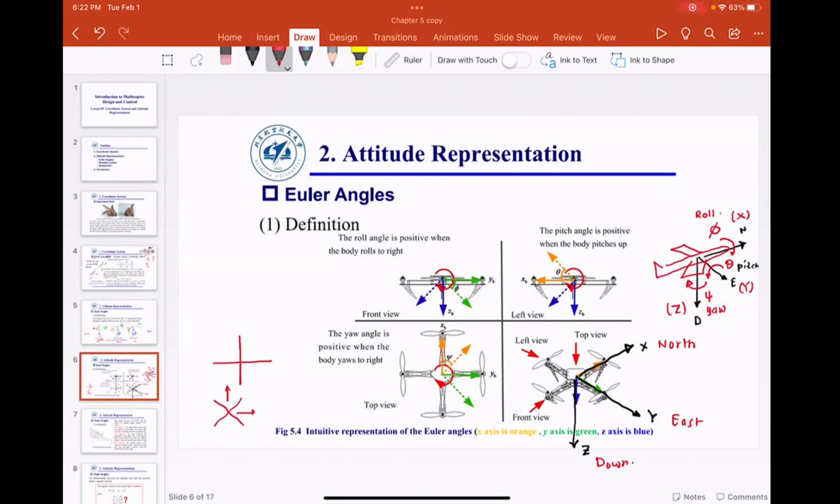So here again, this is pitch, this is yaw, and this is roll. So that is the coordinate frame.